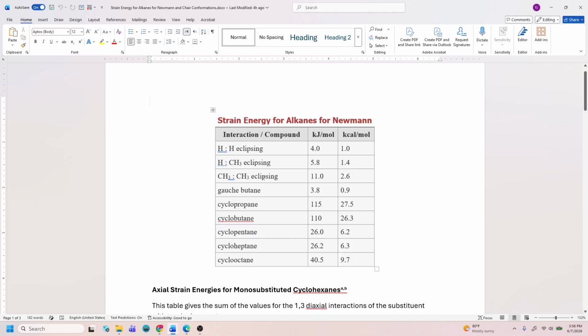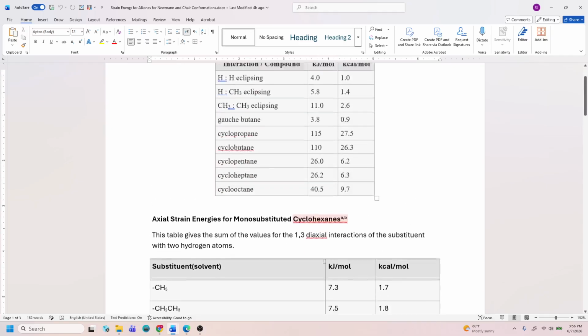Oh, I don't see any CH3 in here. There's another table as well for the energy strains, and I would include those values as well. Let's see, okay, so it's not found in here.